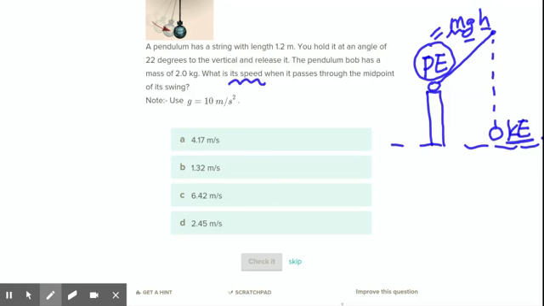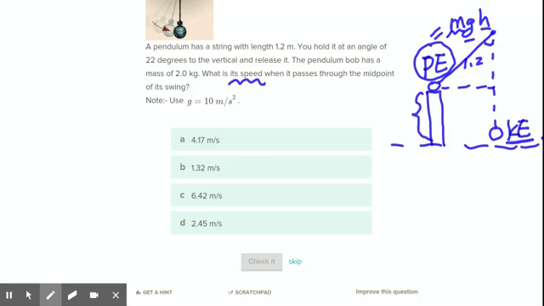It gives the length, but that's right. It gives you a length, which is 1.2, but it does not tell you the height, right? This is the height we're looking for. Okay? But you also know you're holding it at an angle of 22 degrees to the vertical and release it.